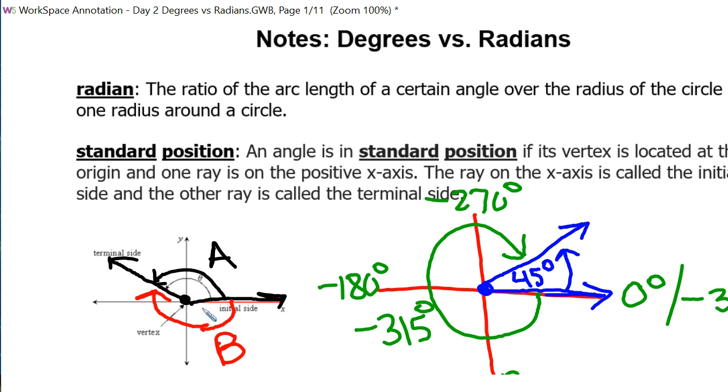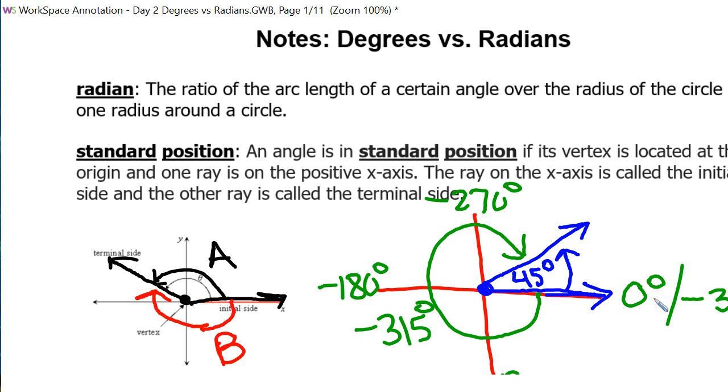So I'm going to write down here that negative 315 degrees and positive 45 degrees are coterminal. And they are coterminal because they terminate on the same ray.